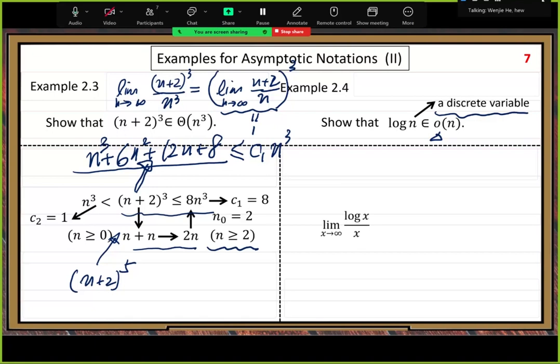So let's calculate the limit for the continuous variable, log of x over x. This log here, we assume has a hidden base a greater than 1.